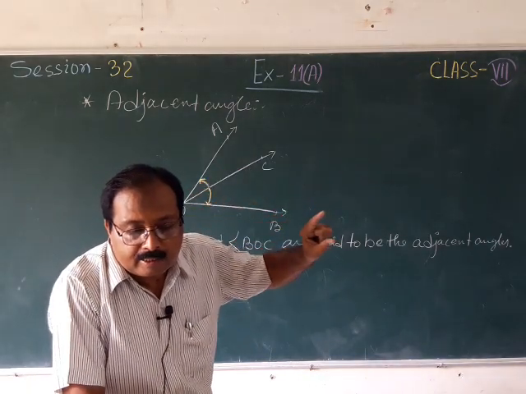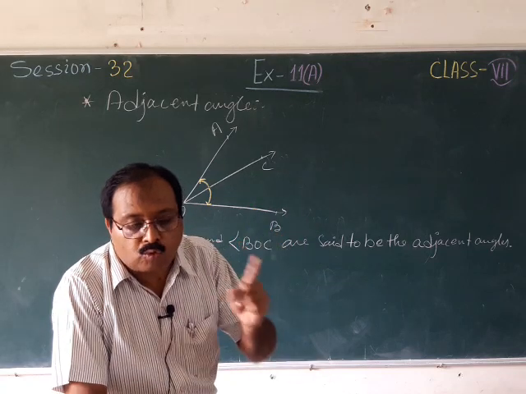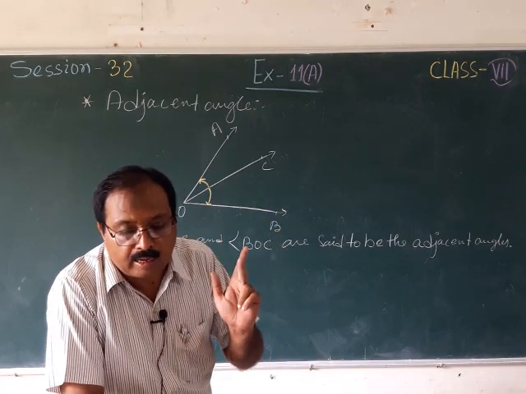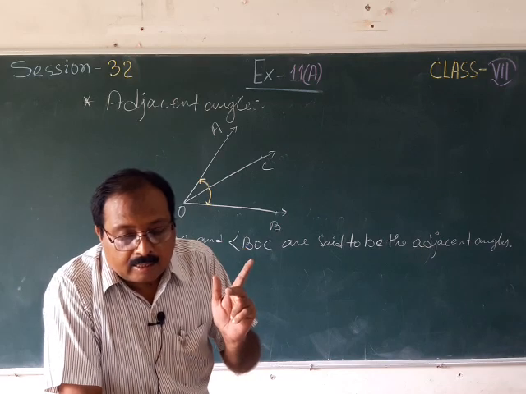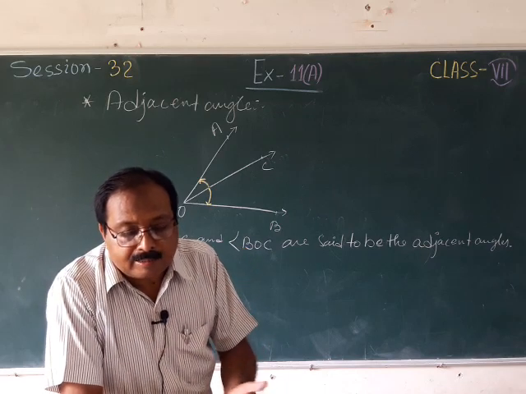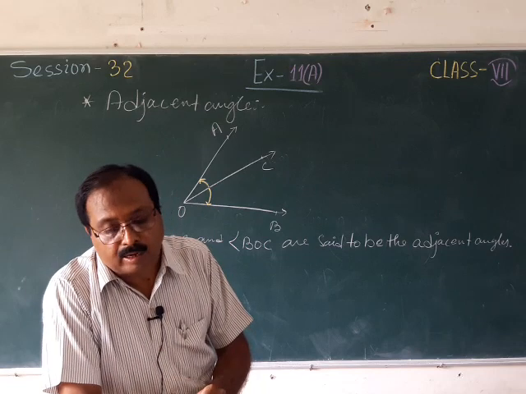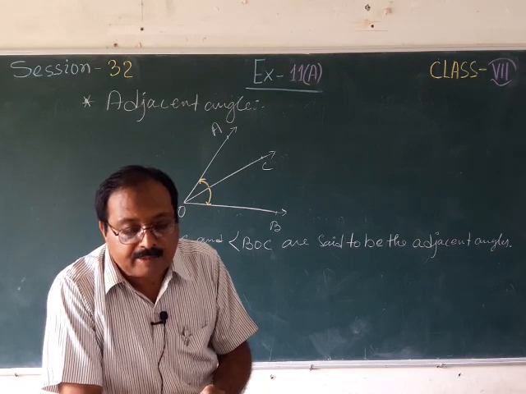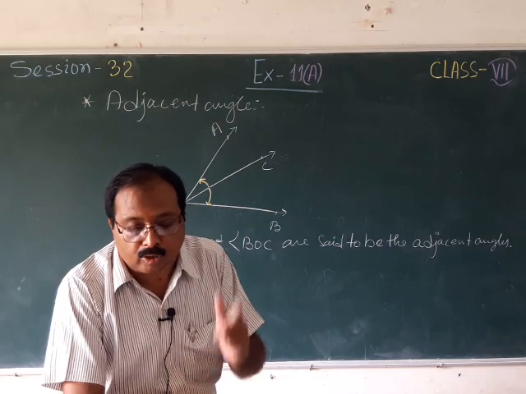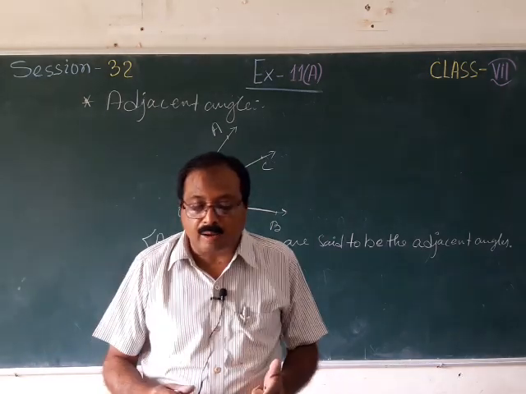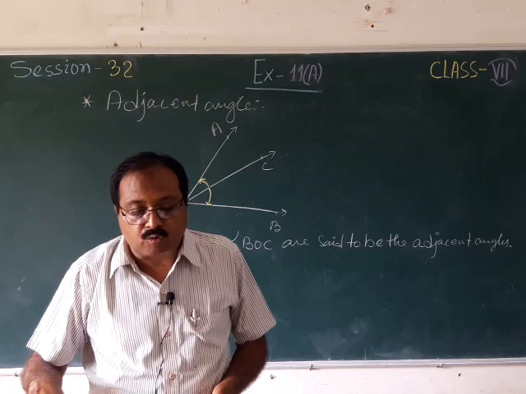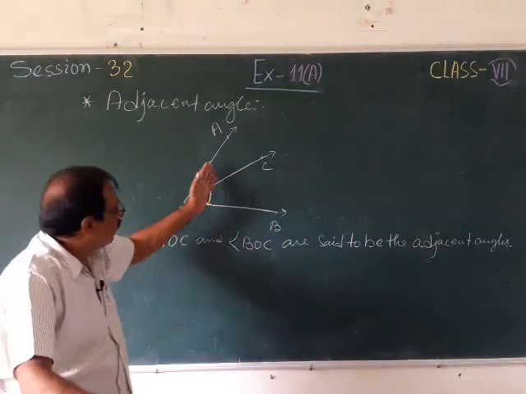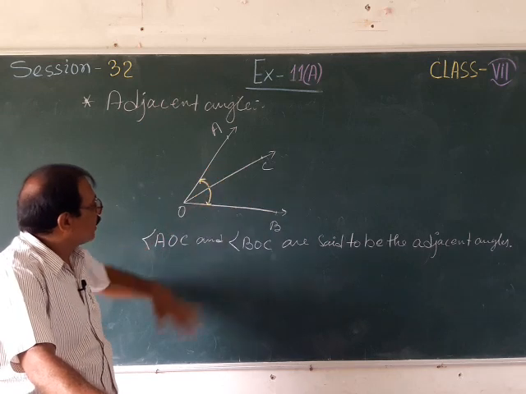That means these two angles have a common vertex and one common arm, and the uncommon arms lie on either side of the common arm. Such angles are called adjacent angles. That means adjacent angles are angles with a common vertex, a common arm and the uncommon arms on either side of the common arm.